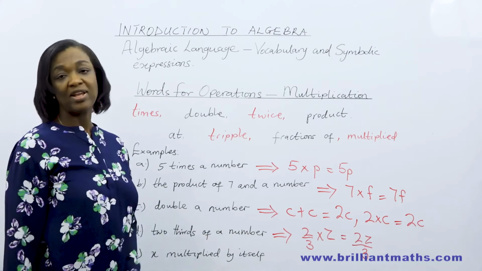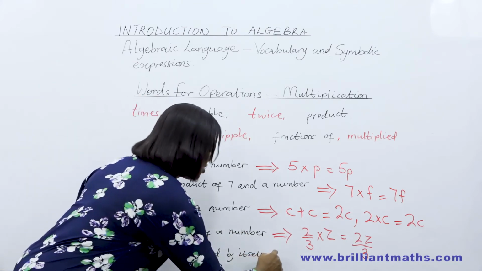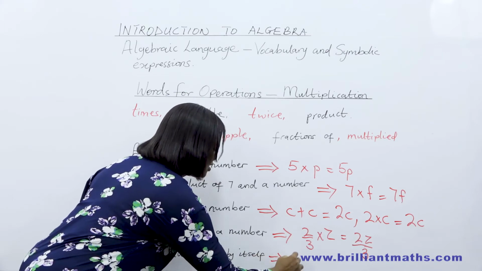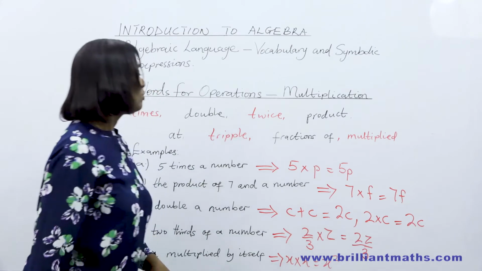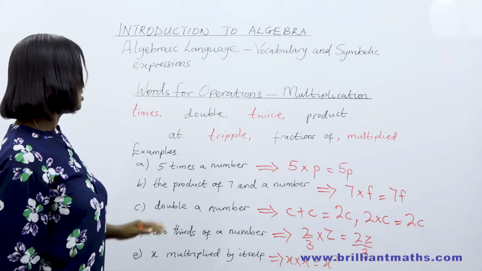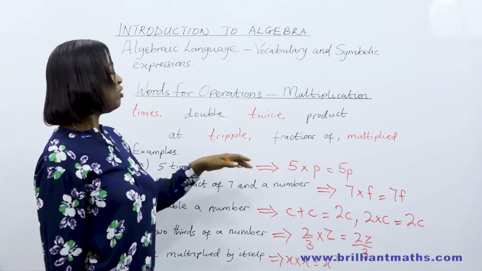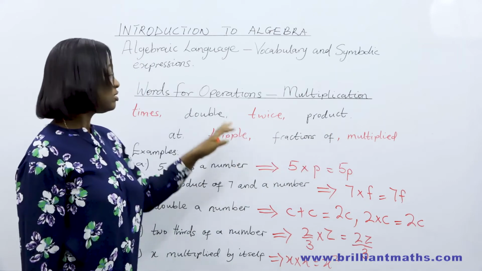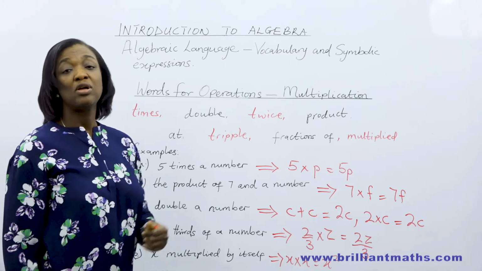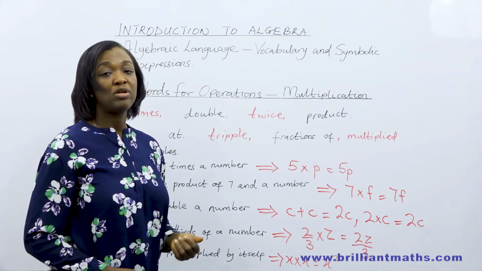X multiplied by itself, it means x times x, which is equal to x squared. So these various vocabularies, times, triple, fractions of, multiplied, product, double, they all mean multiplication in a word problem.